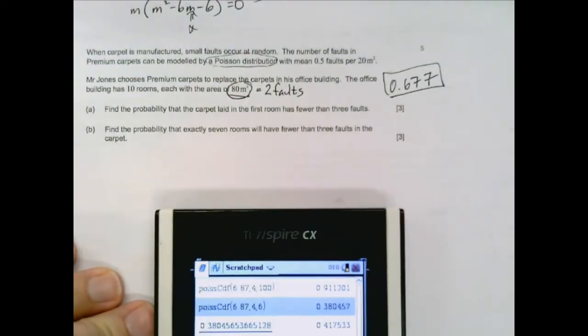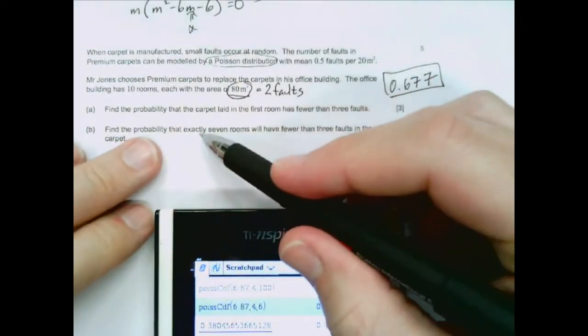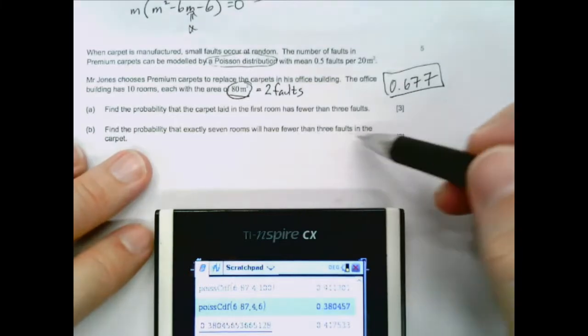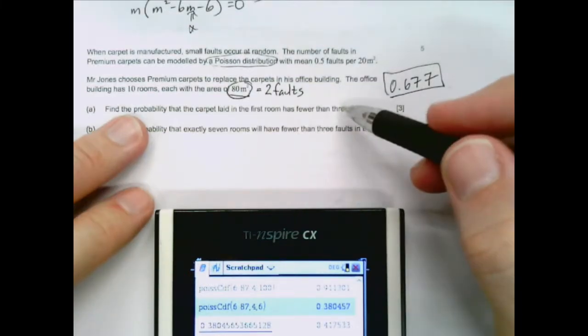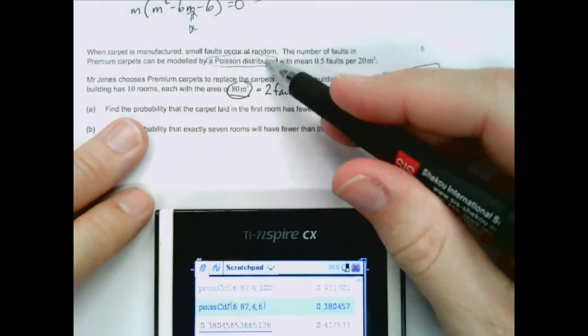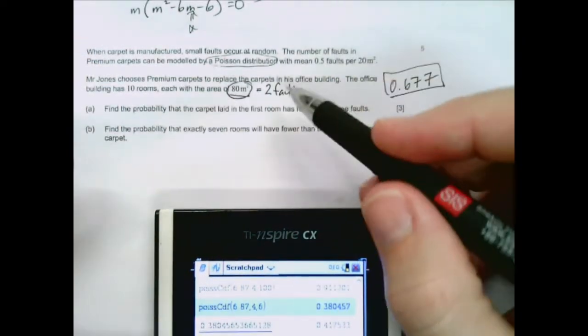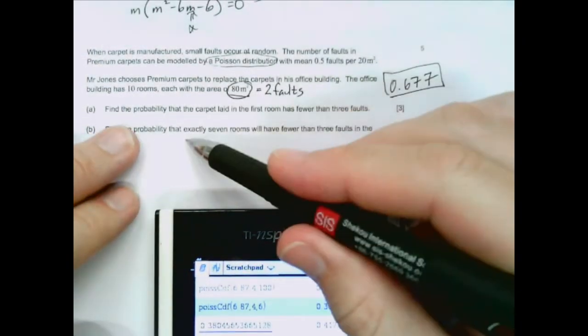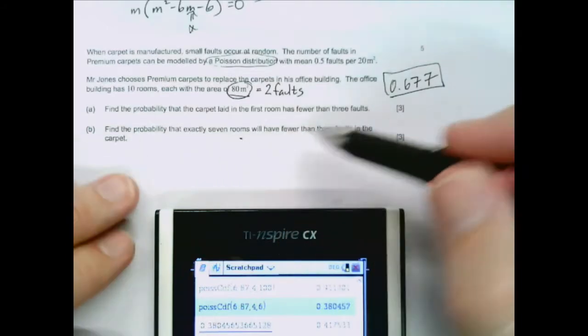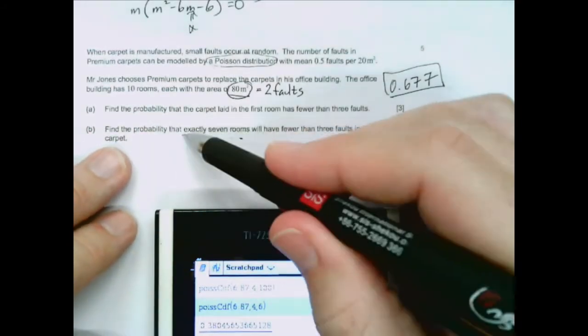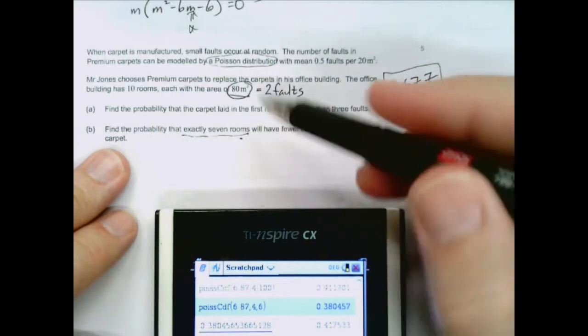Okay. Part B says find the probability that exactly 7 rooms will have fewer than 3 faults. Now this one was only looking at one carpet. That's why I looked at the Poisson, the probability of that one specific carpet. But now I'm looking at exactly 7 rooms with fewer than 3 faults, out of the 10 rooms that we started with.